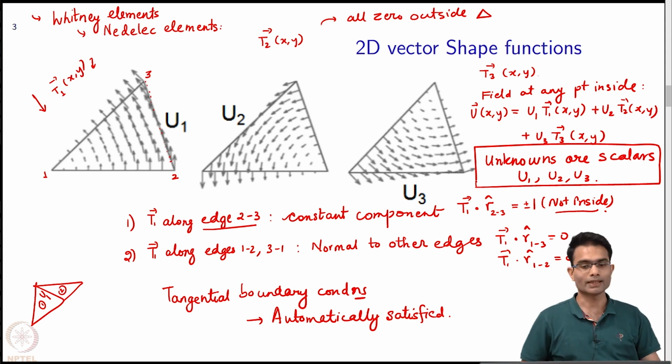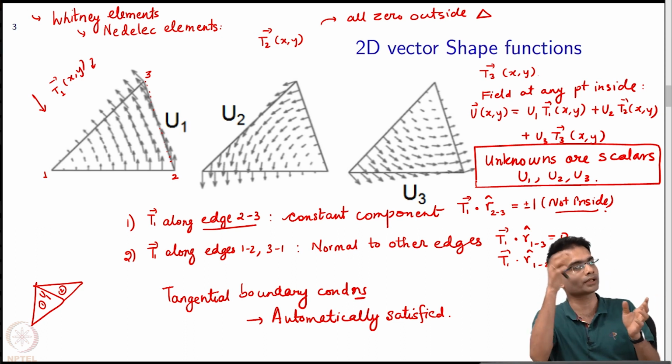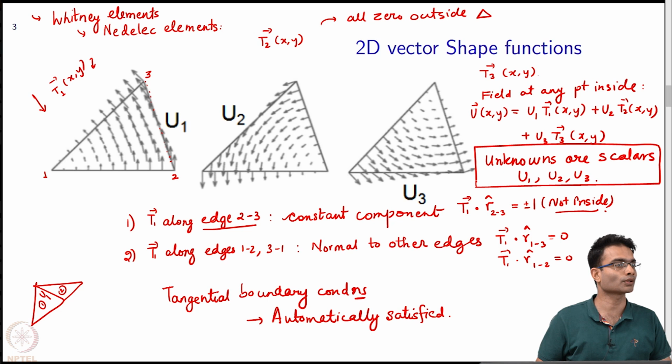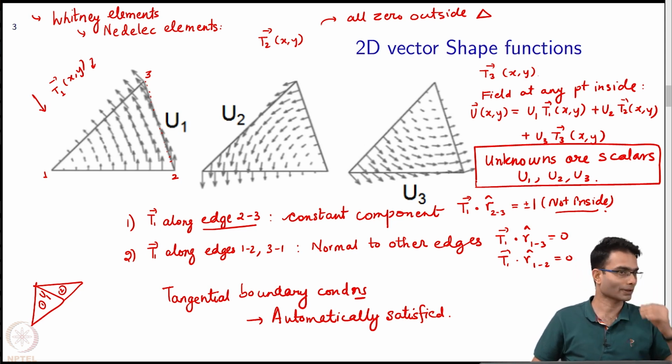In FEM a lot of time is spent on making sure that when I go from local to global and global to local, everything is consistent. In fact, that is a source of a lot of coding mistakes also. It can't be that one element is saying this way, the other element is saying this way, because the unknown u1 is common to both, and there is only a unique direction to the field.